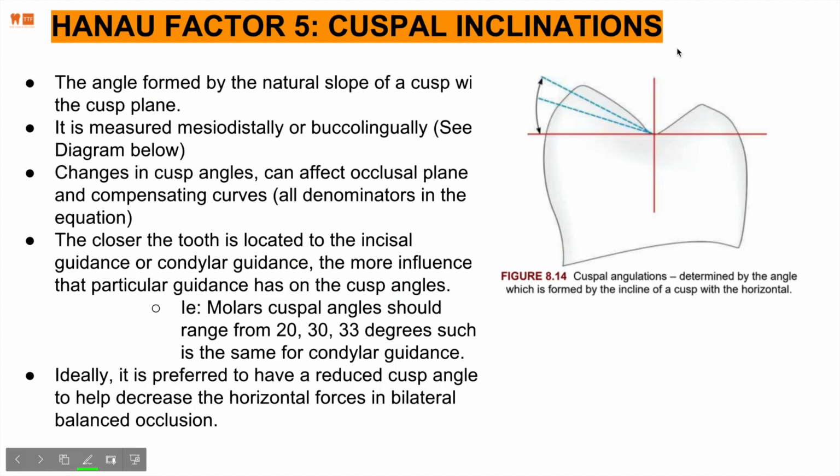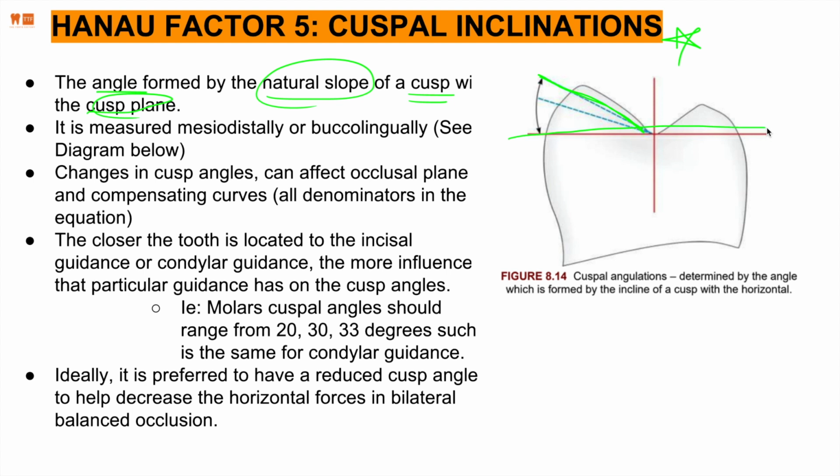And last but not the least, the cuspal inclination, the factor. It is the angle formed by the natural slope of the cusp with the cuspal plane. What does that mean? Well, this is your natural cusp, right? This is your natural angle of the cusp. And what's the cuspal plane?